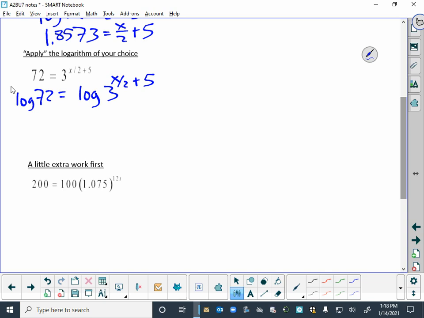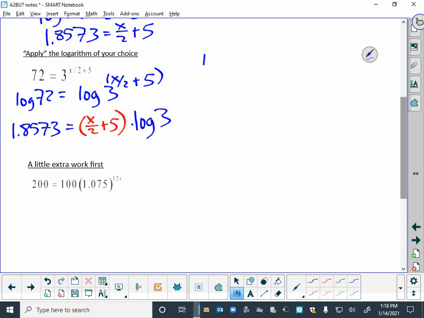Well, we know that the log of 72, using our calculator again, is about 1.8573. On this side, we now have this thing in the exponent of a logarithm, so it can come down, and we'll bring the x over 2 plus 5 down in front there, and then that's times the log of 3.